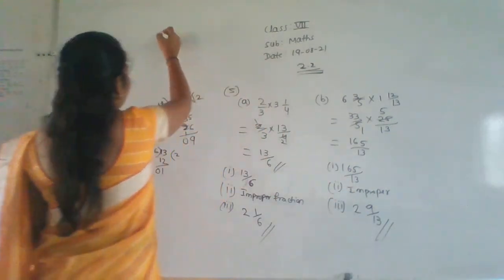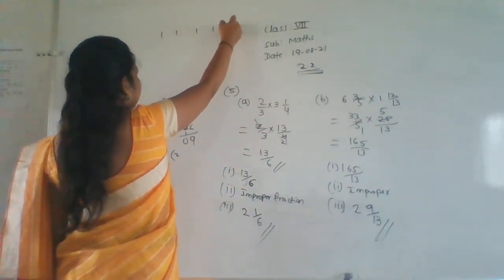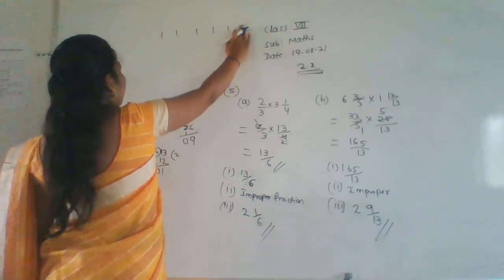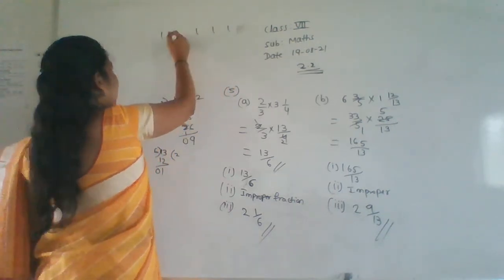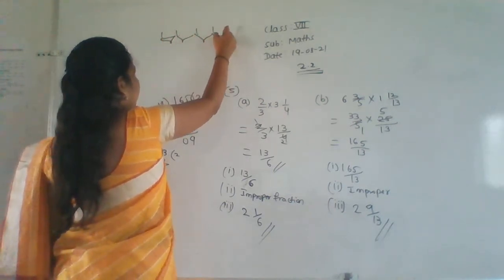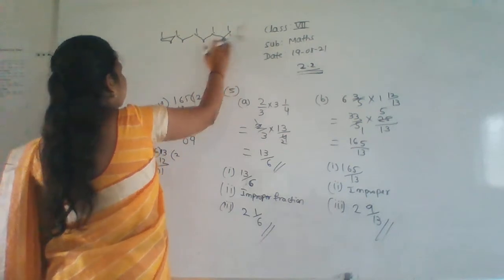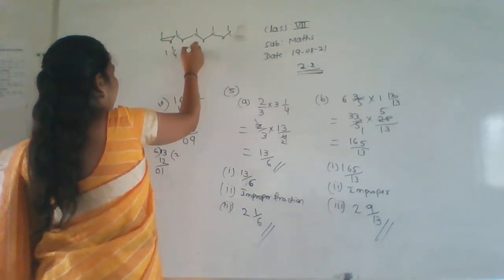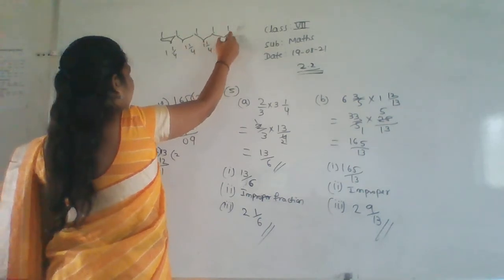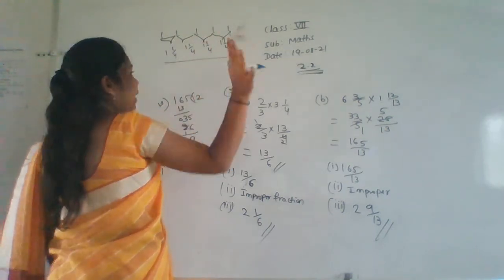See here, 5 students are standing in one row: 1, 2, 3, 4, 5. The distance between each student is 1 integer 1 by 4 meter, here also 1 integer 1 by 4 meter. So totally how many times here?